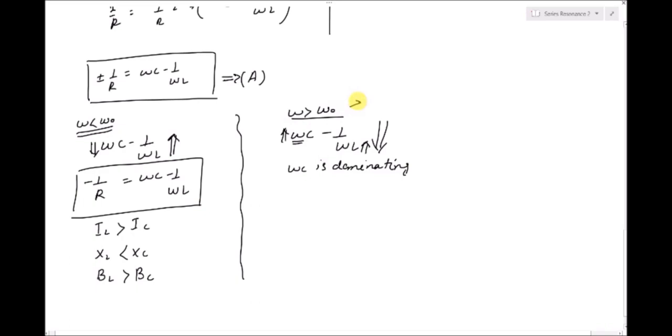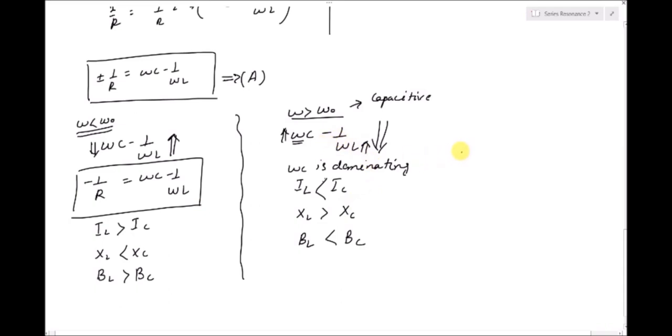So for omega greater than omega naught, the region is capacitive. We have IL less than IC, XL greater than XC, and the inductive susceptance is less than the capacitive susceptance.